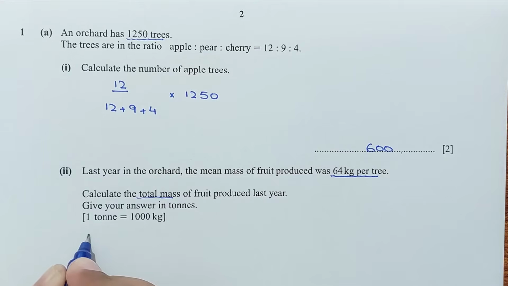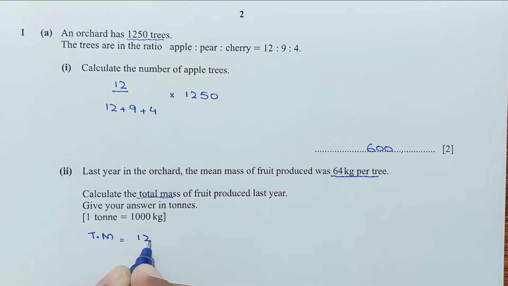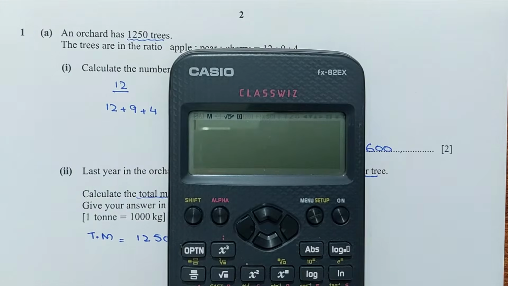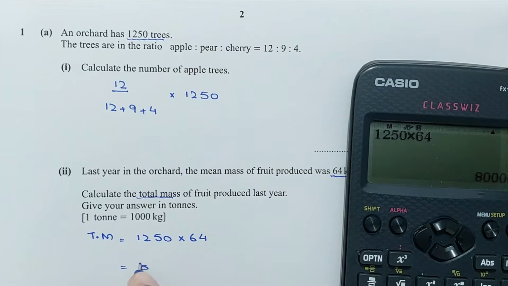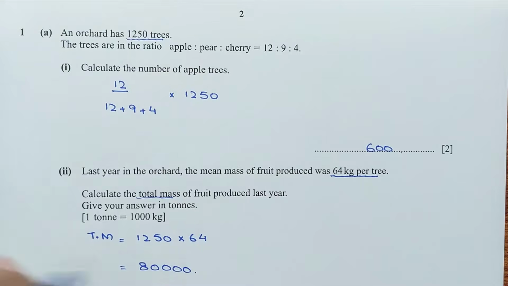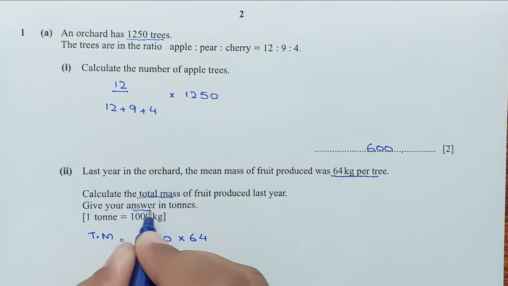So the total mass, for 1250 trees, with 64 per tree, is 1250 times 64. This is 80,000. Now this is in kilograms. We have to find our answer in tons.